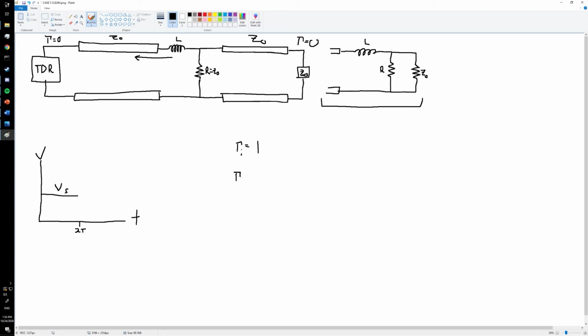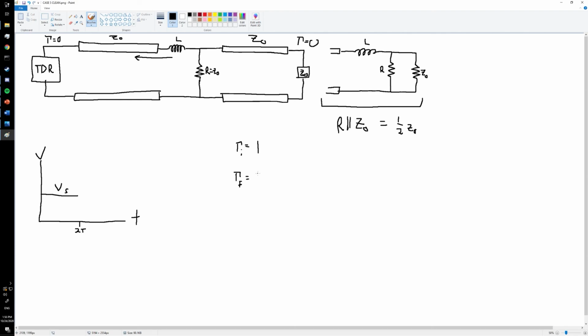For our final reflection coefficient of where we're going to end up, our inductor is going to act like a short circuit. And in that case, we're going to only see the two resistances in parallel. In this case, R in parallel with Z0, because R is equal to Z0, is going to be equal to 1/2 Z0.